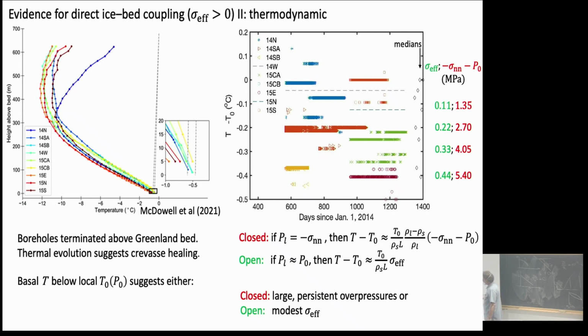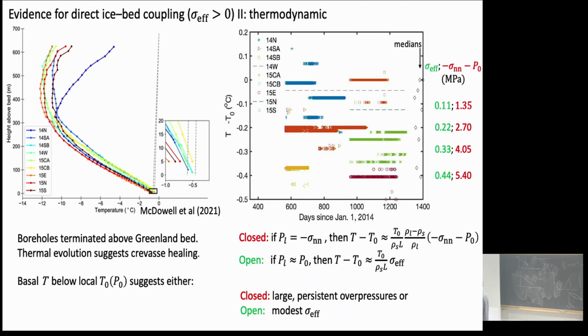If the system were closed in the sense that it was only bulk melting that was taking place, I could calculate how the difference between the normal stress and the water pressure at the time that the hole closed is varying, and I get these numbers.